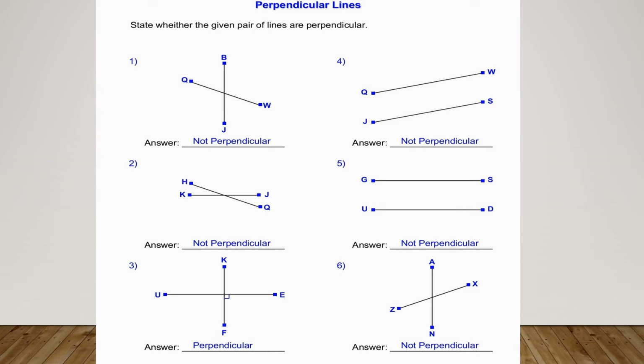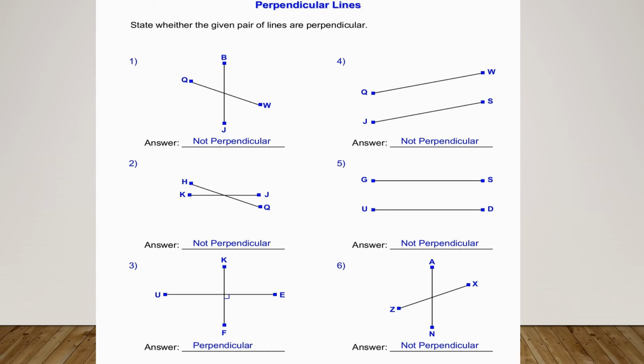Third, in the third picture, we can see that the right angle is formed. So it is perpendicular lines which intersect each other. Fourth is not a perpendicular line. We do not see any intersection and formation of a right angle.